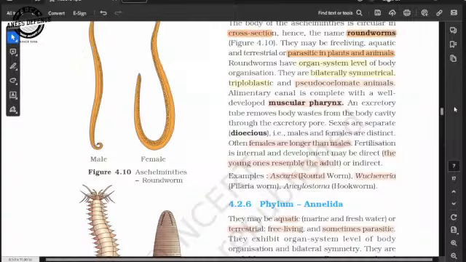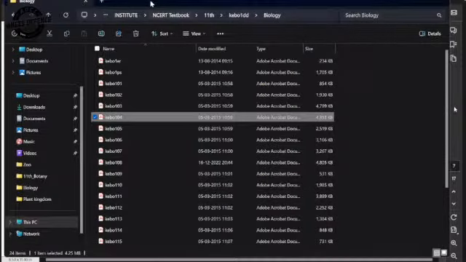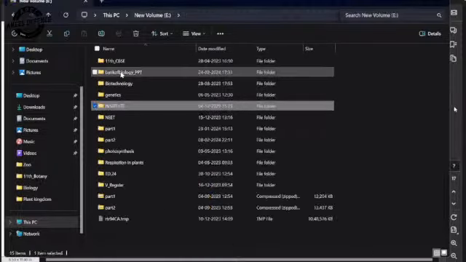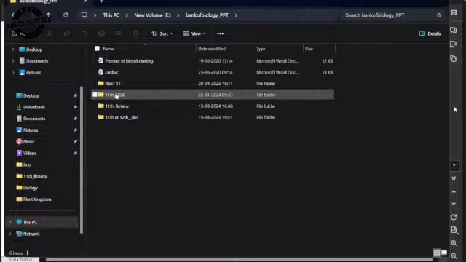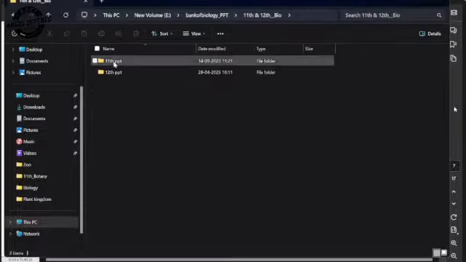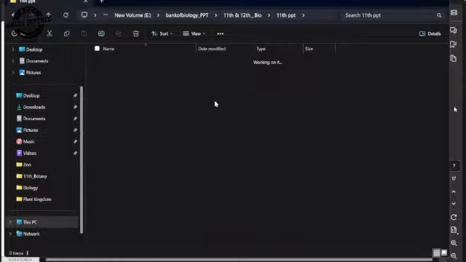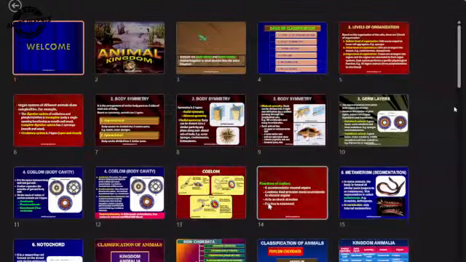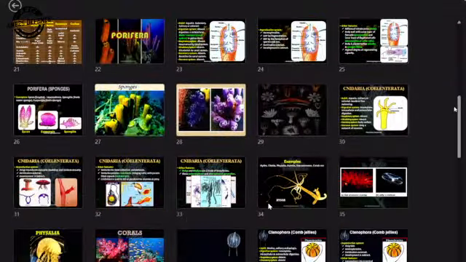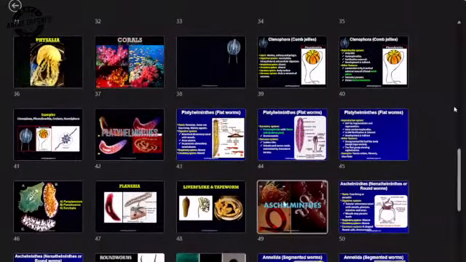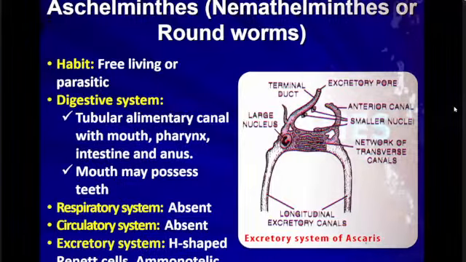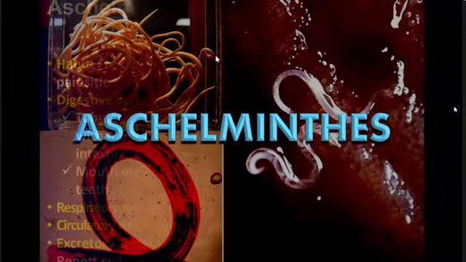Just a second, I'll show you the diagram for that. So these are roundworms.